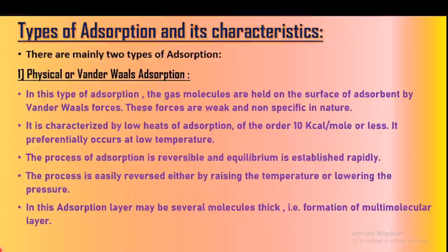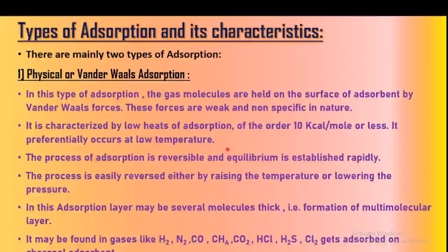Physical adsorption means the molecules are held on the surface only by weak forces, called van der Waals forces, having a low heat of adsorption of the order of 10 kilocalorie per mole, and it occurs at low temperature. The process is reversible, equilibrium is established easily, and the process is reversed by either increasing the temperature or lowering the pressure.